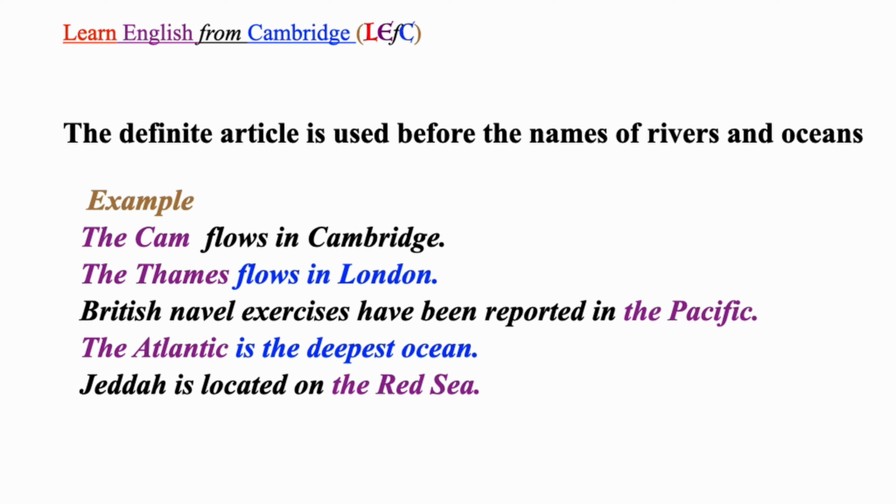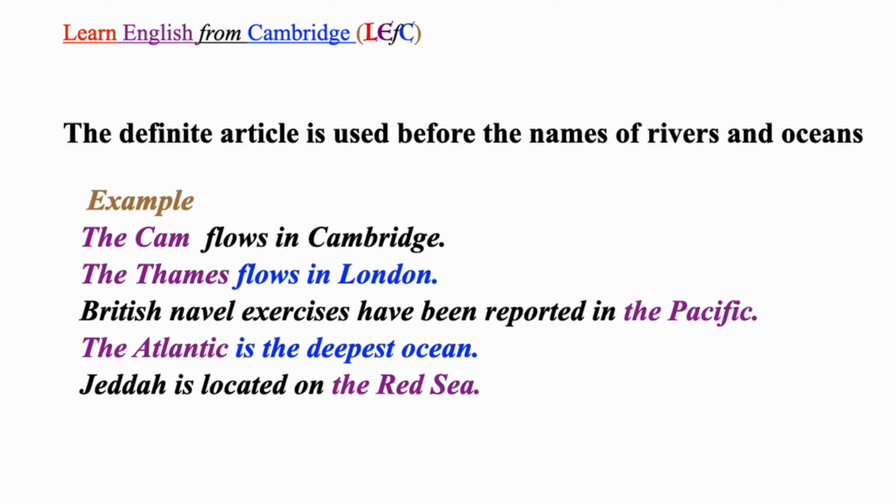The definite article is used before the names of rivers and oceans. For example, the Cam flows in Cambridge. The Thames flows in London. British naval exercises have been reported in the Pacific. The Atlantic is the deepest ocean.